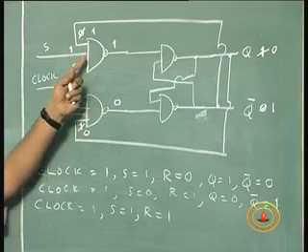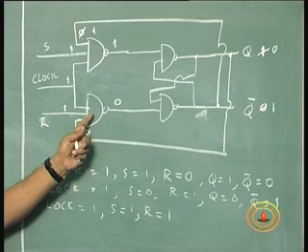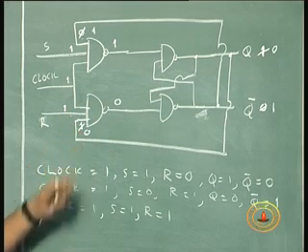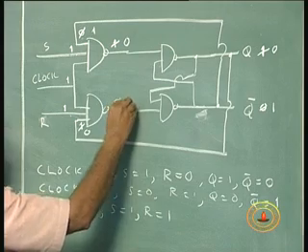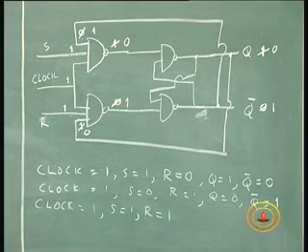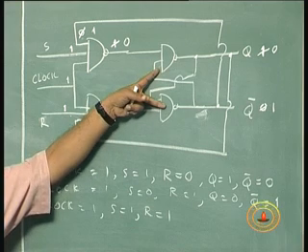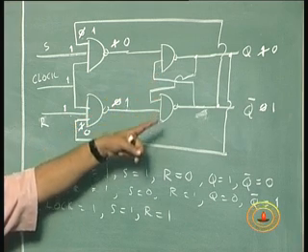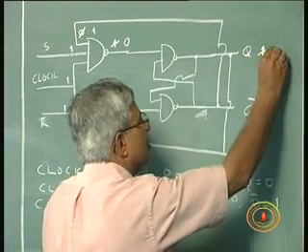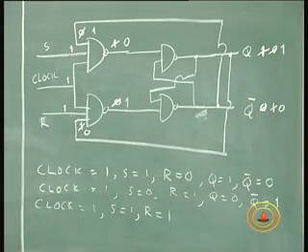Now this NAND gate will have 1 1 1 input, this NAND gate will have 1 1 0 input. So the output of this NAND gate will become 0, output of this NAND gate becomes 1. When this 0 1 combination is applied to this back to back NAND gates, the output would be 1 0. You get the drift.